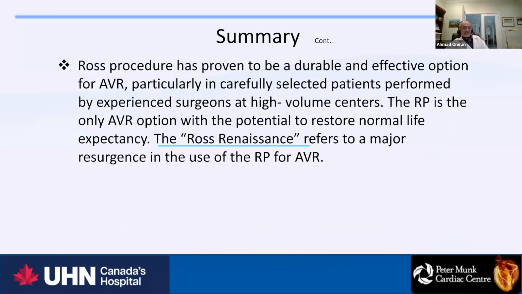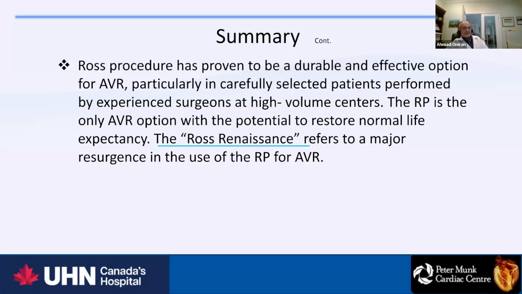Ross procedure has proven to be a durable and effective option for AVR, particularly in carefully selected patients, performed by experienced surgeons at a high volume center. When we say high volume center, it means a center doing more than 20 or 25 Ross per year per surgeon.